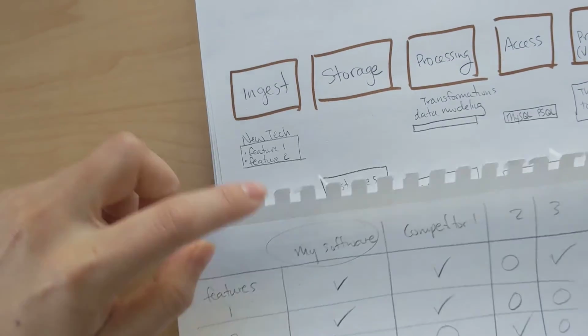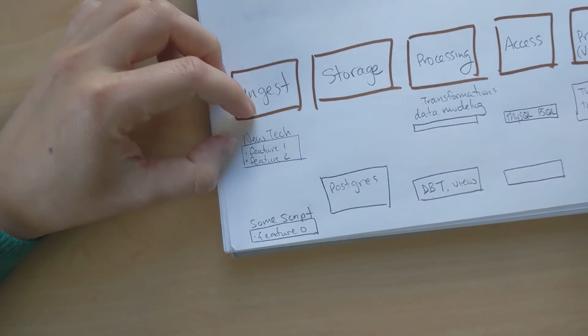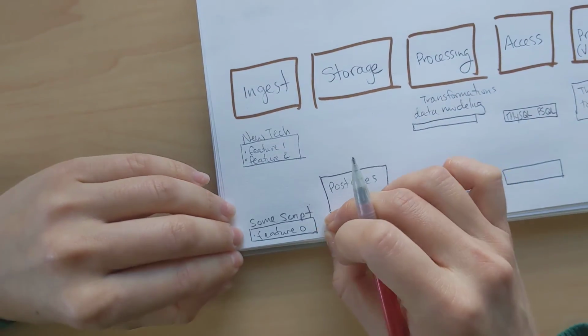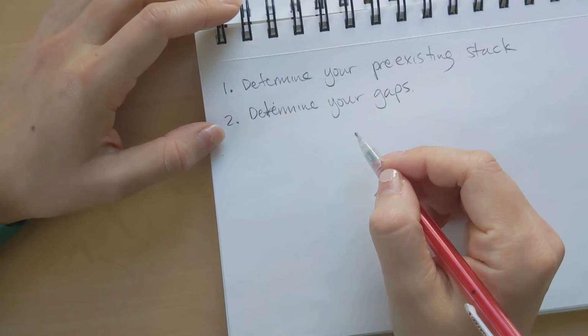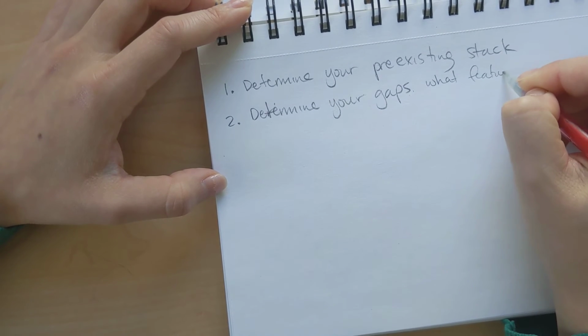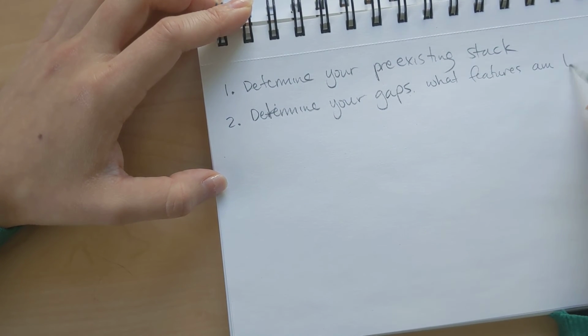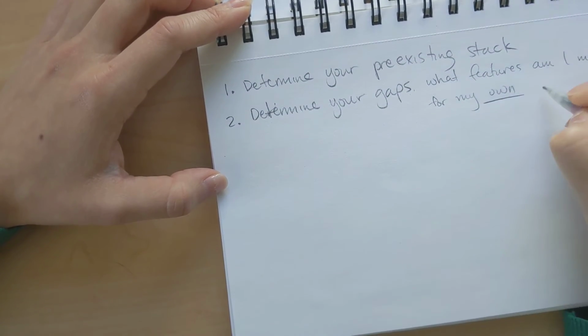Okay? That's not important. Not comparing this to its competitors. You want to compare this tech's features to the features you need to get your whole stack to work. Okay? So this is what I mean by determining your gaps. What features am I missing for my own data needs?